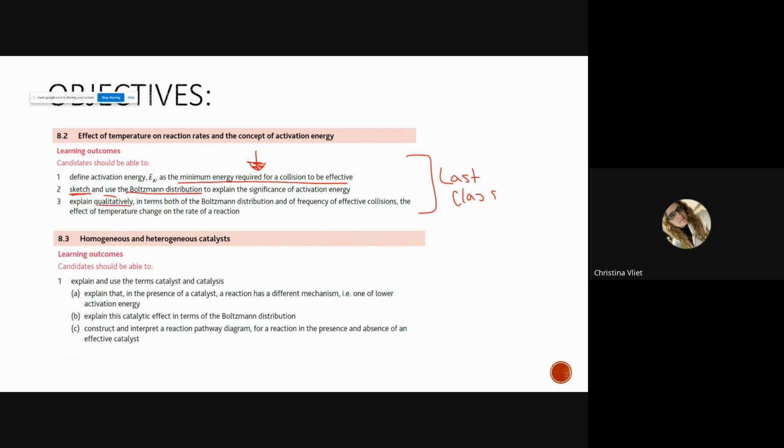Explain qualitatively. What does qualitatively mean? Numbers or no numbers? No numbers. Qualitative means words, not numbers. Explain, in terms of the Boltzmann distribution and effective collisions, the effect of temperature change on the rate of reaction.